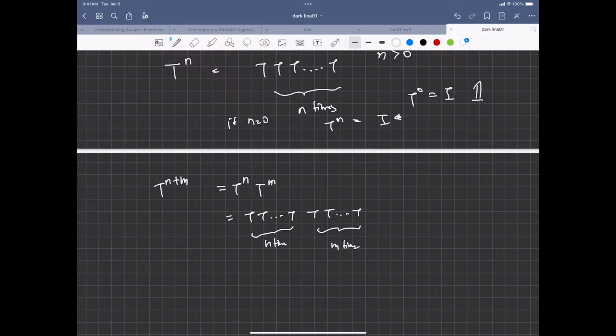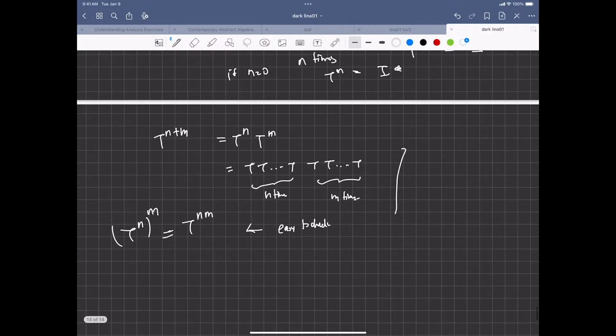This is the same as if we raise T to the n and then raise that to the m. This is easy to check, easily proven with proof by induction, which we'll leave as an easy exercise to the reader.